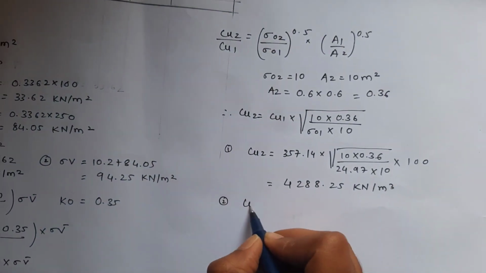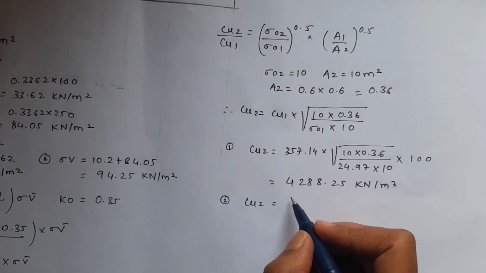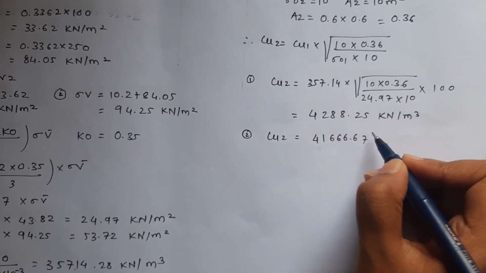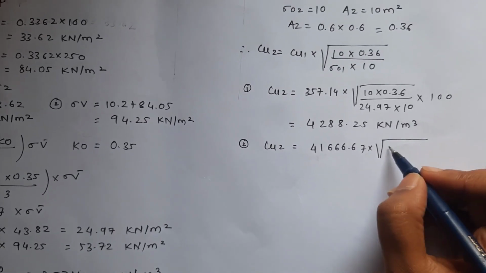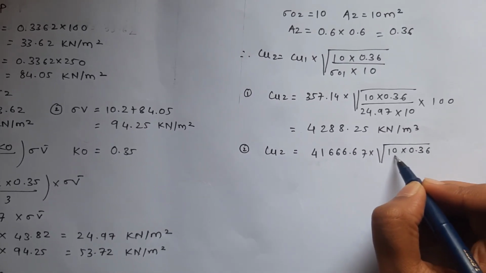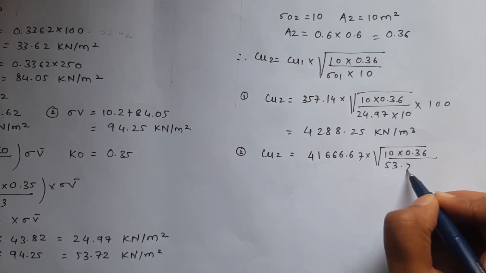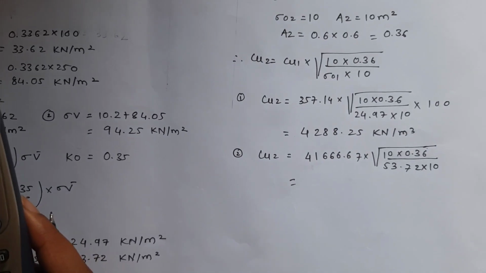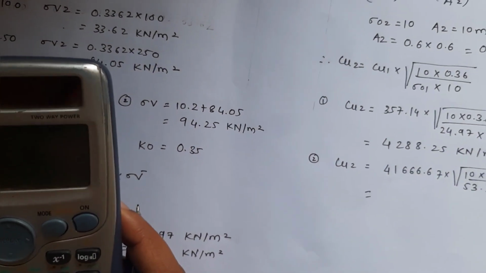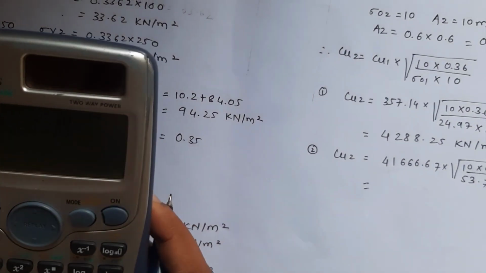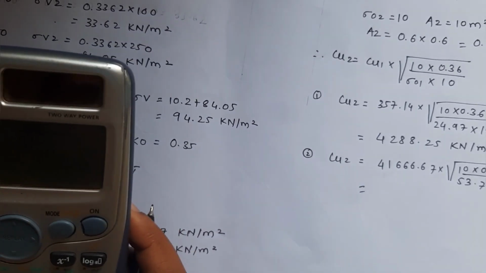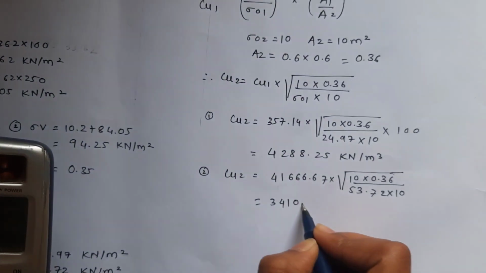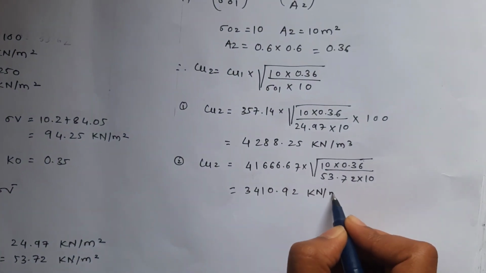And for the second case, Cu2 equals to Cu1, which is 4166.67 into under root 10 into 0.36 upon 53.72 into 10, which is equals to 4166.67 into under root 0.36 divided by 53.72, which is equals to 3410.92 kilonewton per meter cube.